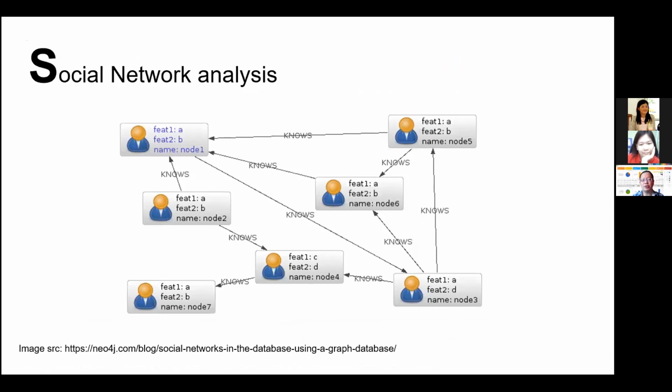Or it can be used for social network analysis, where we can pull data from maybe Facebook and see if this person knows another person, and create a network of people who know each other, or maybe a research group. One person does research with another person, and that person does research with another.